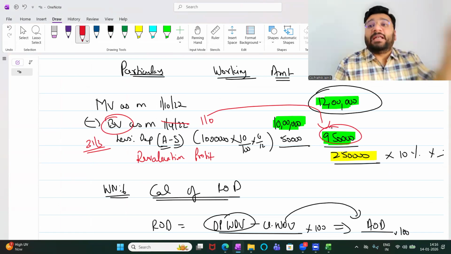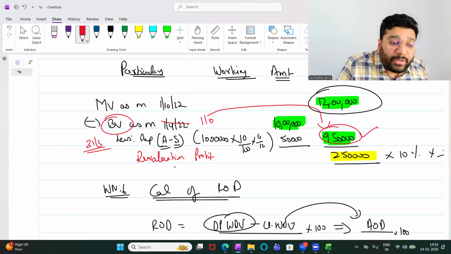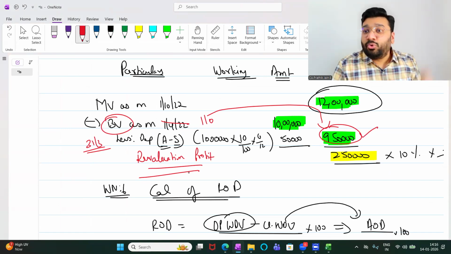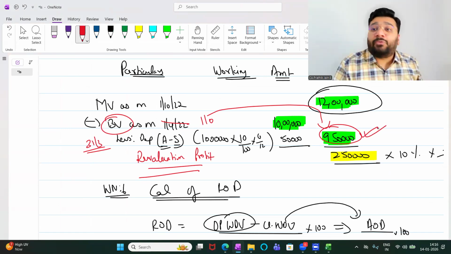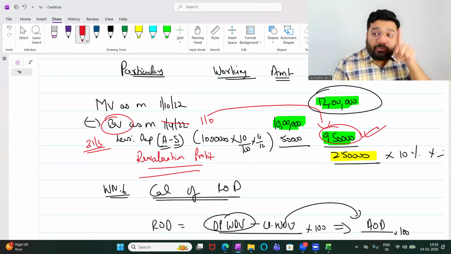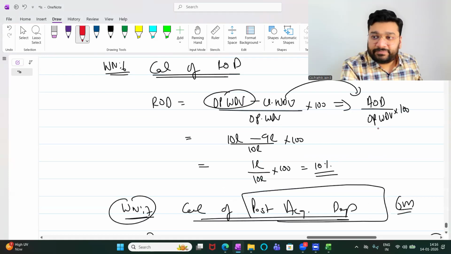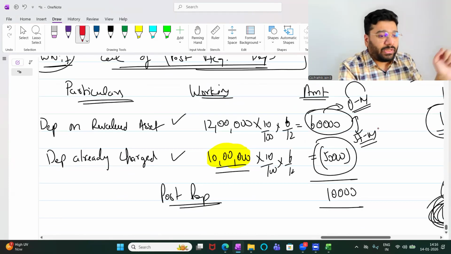So on 950, I have to multiply depreciation. That will be wrong. This book value will be computed only for the purpose of calculating revaluation profit. You can't take this 950 as a base to calculate the post depreciation, because always the rule is that you have to multiply the percentage on the opening WDV, not of the in-between WDV. Got it, no? But nice doubt that is.